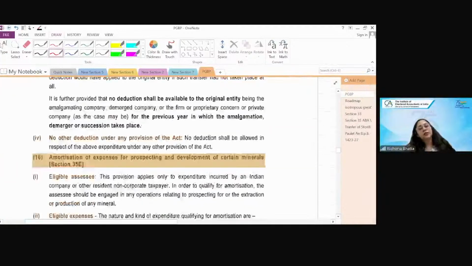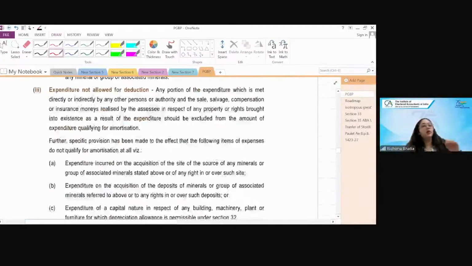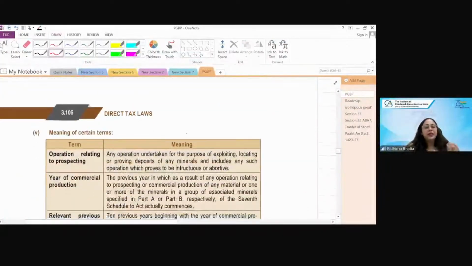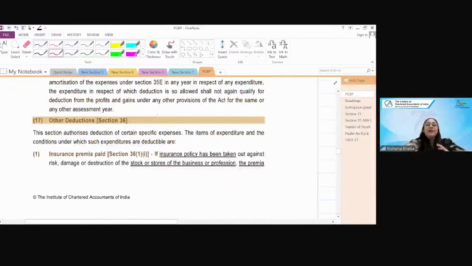As I told in the previous class, Section 36 is not a general deduction section. Its main heading is other deductions, because it has a list of roughly 18 items covered here, telling that these would be allowed as deduction or these would not be allowed as deduction. If you can remember the clause, very good.